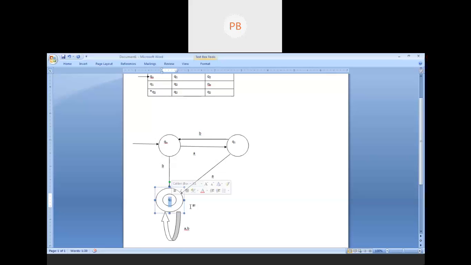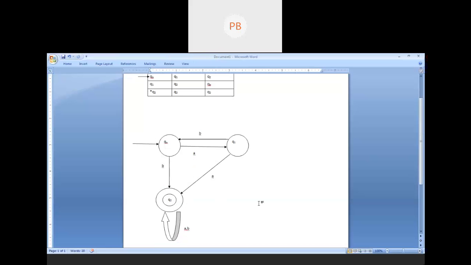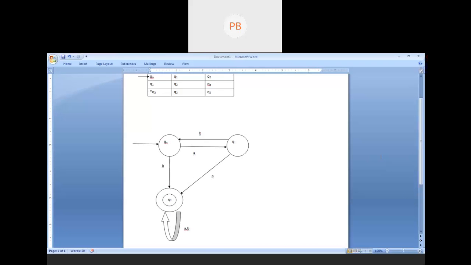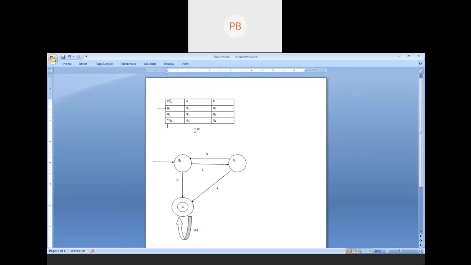The next one is the transition table. Take a screenshot of this, and later write this and draw the transition graph as well as the transition table under its definition. Now write transition table.